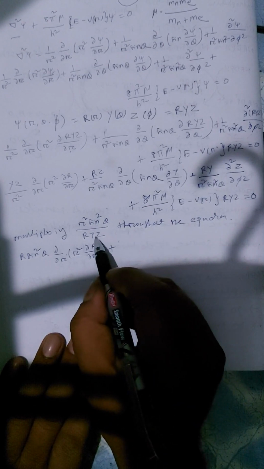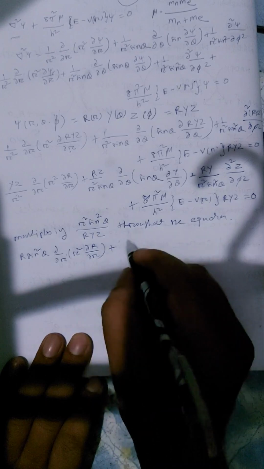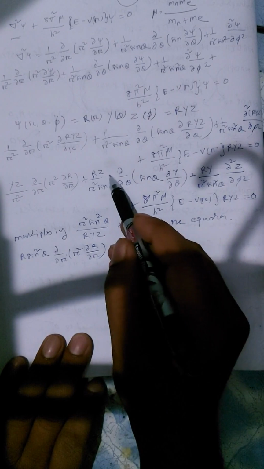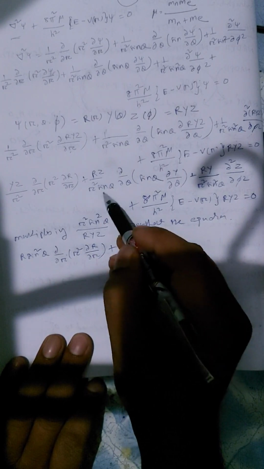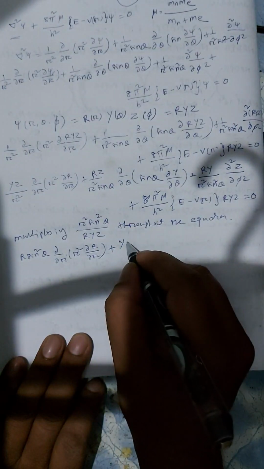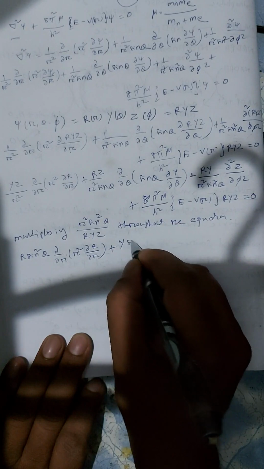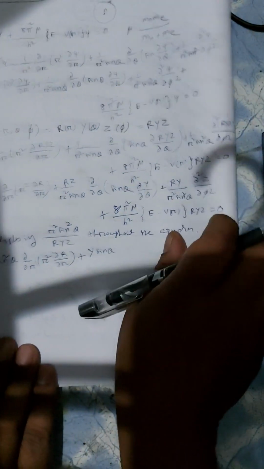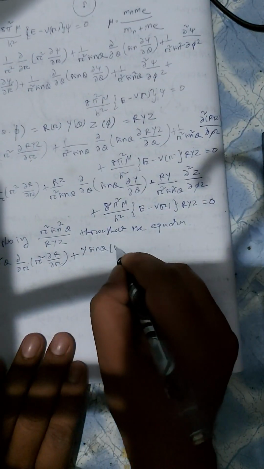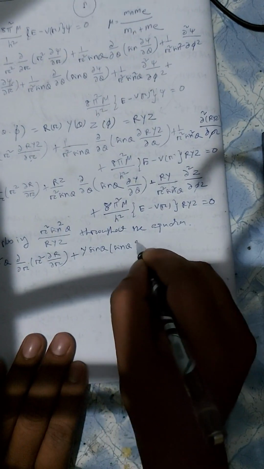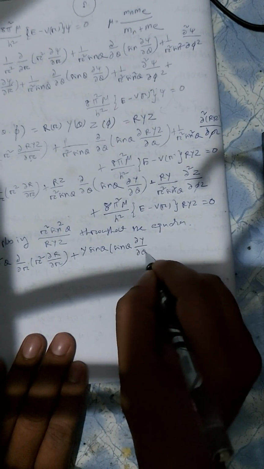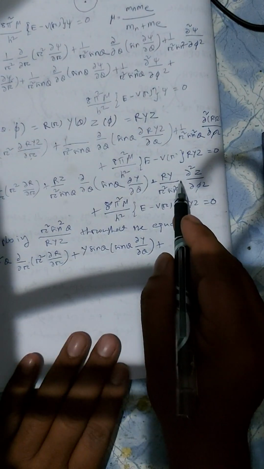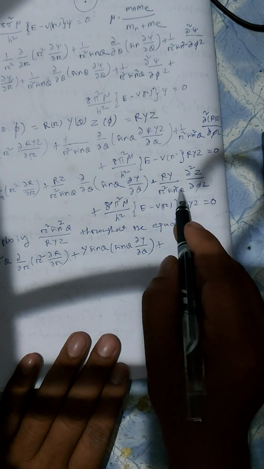R and Z cancel, Y is remaining. Then r square sin square theta: r square cancel, one sin cancels, remaining is sin theta. So Y sin theta ∂Y/∂theta, plus here r square sin square theta, this is completely cancelled.